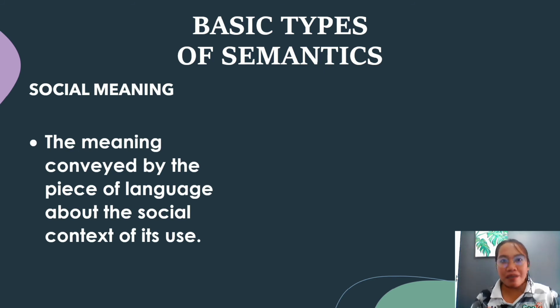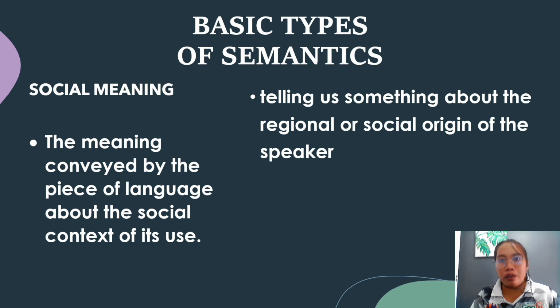Social meaning is the information which a piece of language conveys about the social circumstances of its use. In other words, it is the meaning conveyed by the piece of language about the social context of its use. Here, Leech 1981 includes under social meaning variation in all of the aspects of language structure, like pronunciation, intonation, sentence structure, etc., as revealing social meaning.